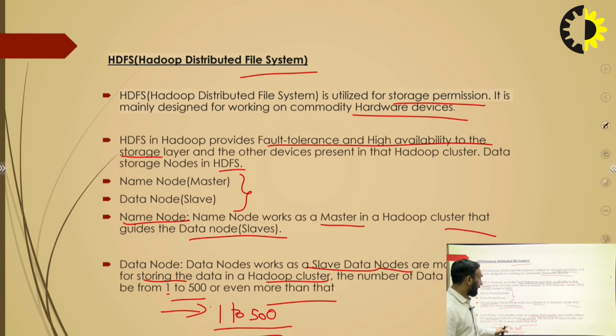Take the same example of 1 TB: if 1 TB is placed on 10 nodes or on 500 nodes in a distributed manner, access from the 500 nodes is very fast compared to the 10, because the size of data will matter.